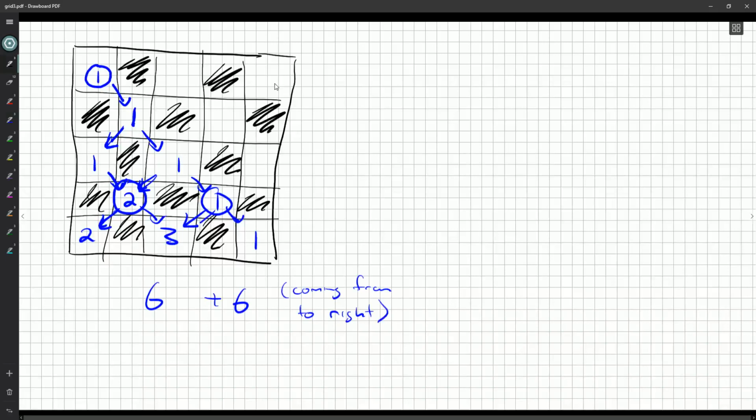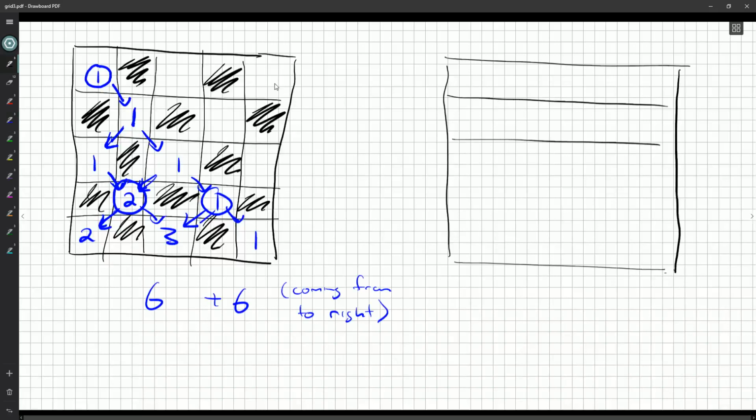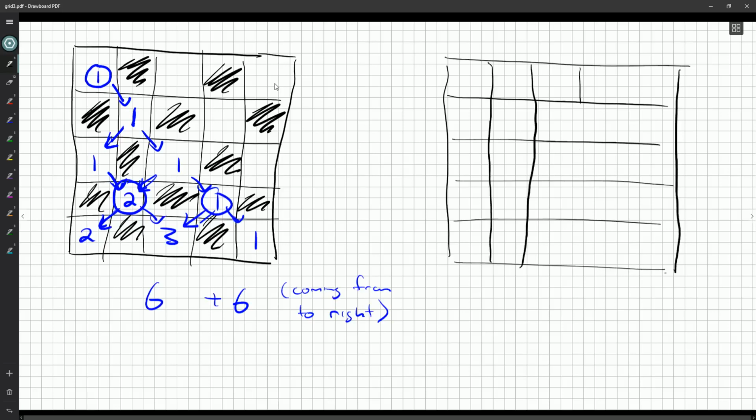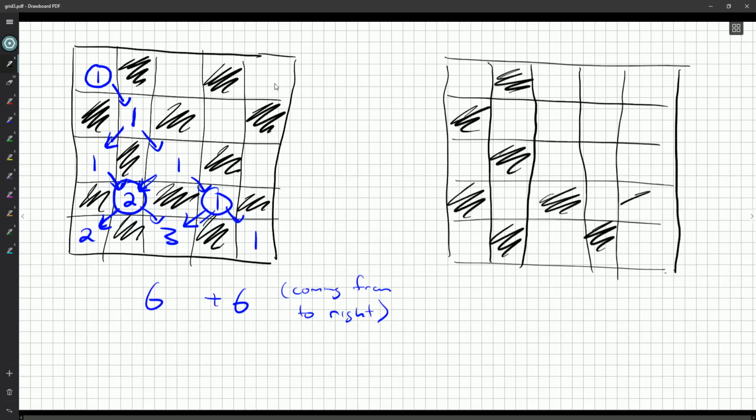Okay, so now what do we do for the middle? Well, the exact same thing. Same reasoning. We're just going to have different numbers of paths. So you'll notice starting from the middle, you have two ways you can go right away. Each of those leads to one way to get to that particular square. Okay, so I'll do red for fun.